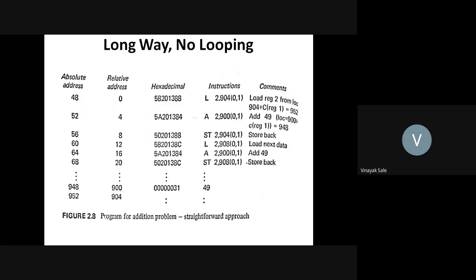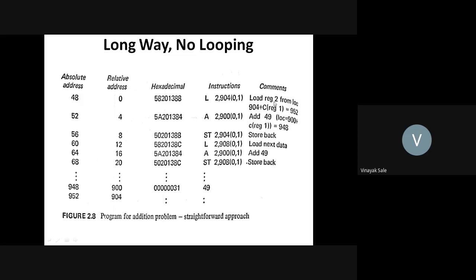So here the example is given: the absolute address 48, relative address 0, that is at the 0th location, then the hexadecimal address of that contents, then the load instruction 20904 at 01.